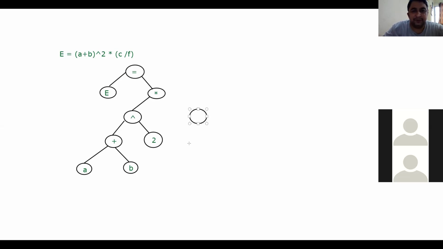So for division, I will have two nodes, one is C and the other one is F. So this is division, and this is C, and this will be F. Then this will be connected with the lines, right? So this is how you need to draw the binary tree for this particular expression.